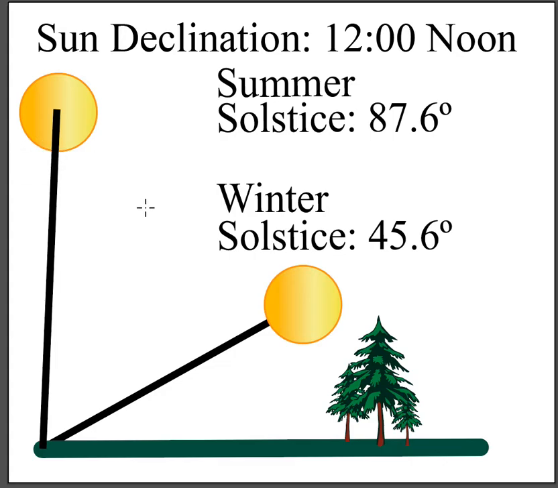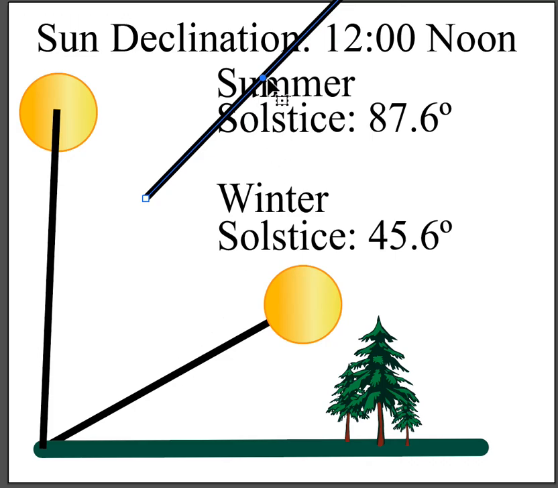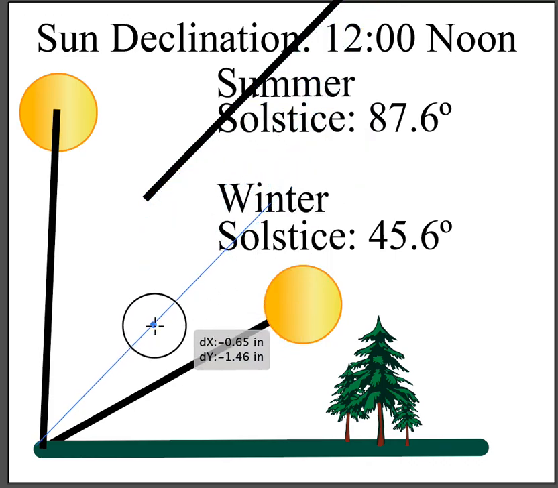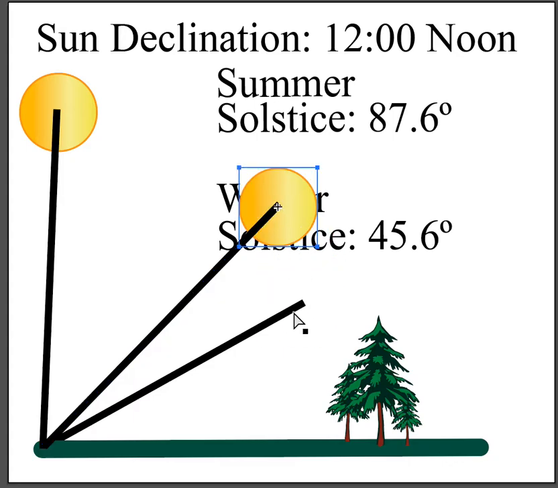Then I'm going to grab the line tool again, click once, 2-inch line, and then I'll put 45.6. Okay, grab that line, put it down here to where they join at the sky. Now in this case I'm just going to press on the command tool, and that turns this into the A pointer there, the selection tool. Grab my old one, put it away.